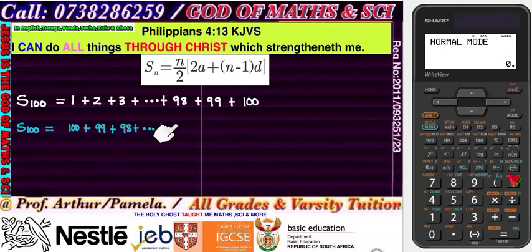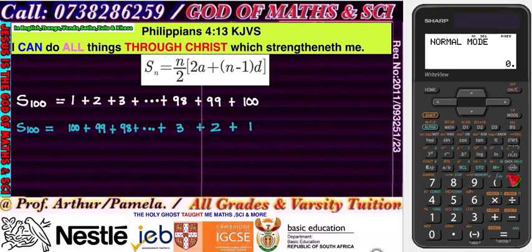So we're going to have 3, 2, 1, because right at the end, you're going to end up with 1. So we're going to have a 3 here, and then plus the 2, and then plus the 1. That's the first thing we're going to do.